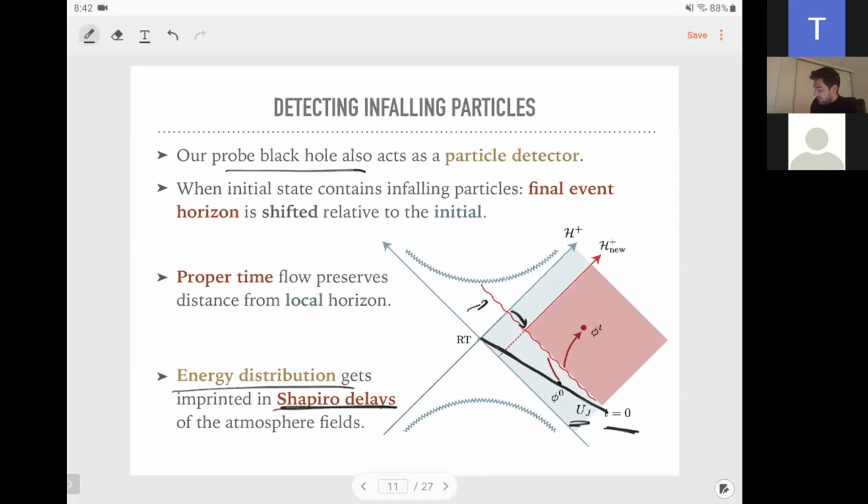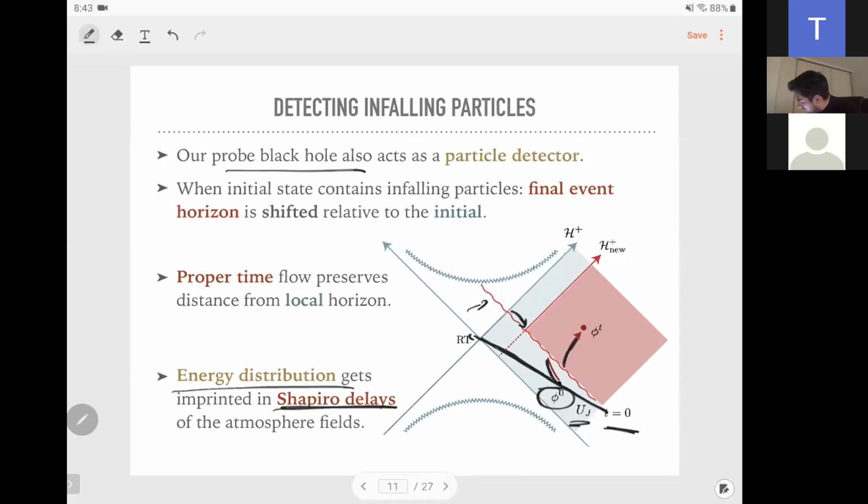But remember that what we want to refer to as the proper time evolution is the evolution of the initial atmosphere fields in time while preserving the distance from the apparent horizon. This means that after this infalling matter has been absorbed by the black hole, because of the shift of the horizon, these atmosphere operators also get shifted so that they preserve the distance from the new location of the horizon.